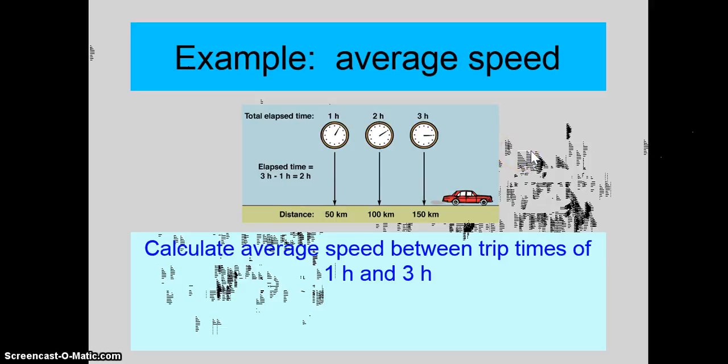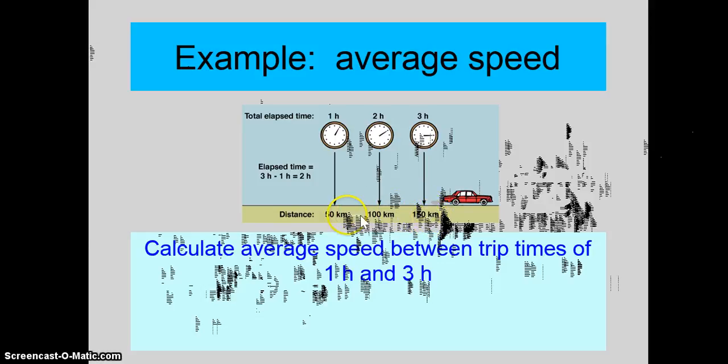So it says, calculate the average speed between the trip times of 1 hour and 3 hours. So the total time is 2 hours. The total distance, the final, would be 150 kilometers minus the starting position. You don't always start at 0, for example.